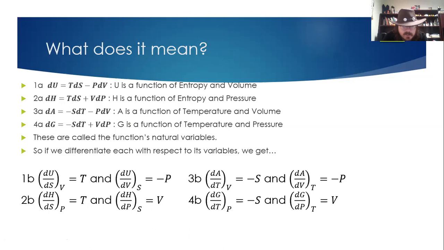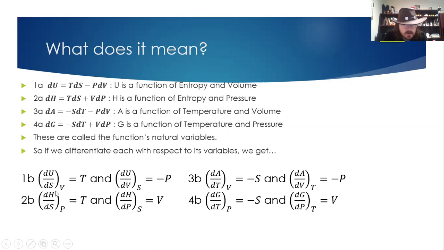Now, if we differentiate with respect to each of these variables, we can say that dU/dS at a constant V is going to be T. Basically, the constant volume part drops out, and we're left with just T. I'm just dividing both sides by dS. And if I divide by dV at a constant entropy, we get negative P. So looking at how internal energy changes with volume when entropy is not changing, that's equal to the negative pressure.